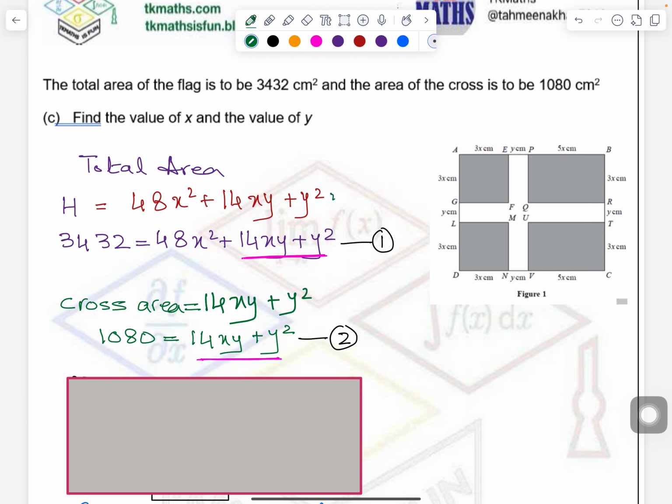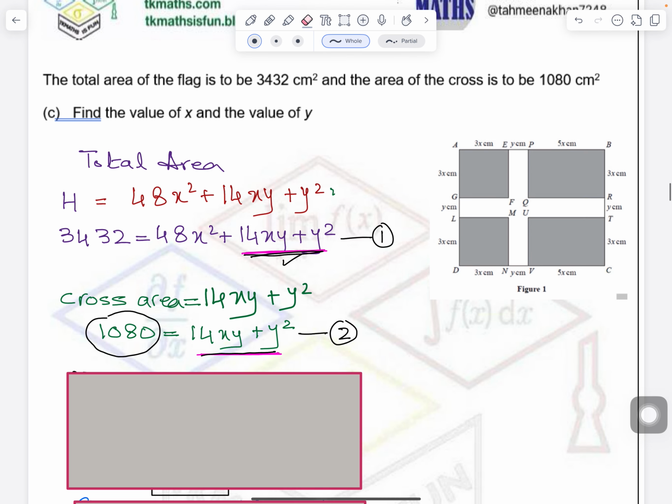In both the equations, if you notice, this part which I've highlighted with the pink line is exactly the same. It means you can replace this value here and it will make your calculation so simple. Rather than if you make x the subject or y the subject and substitute in the other one, it will become a little difficult, right? So that's why work intelligently and smartly.